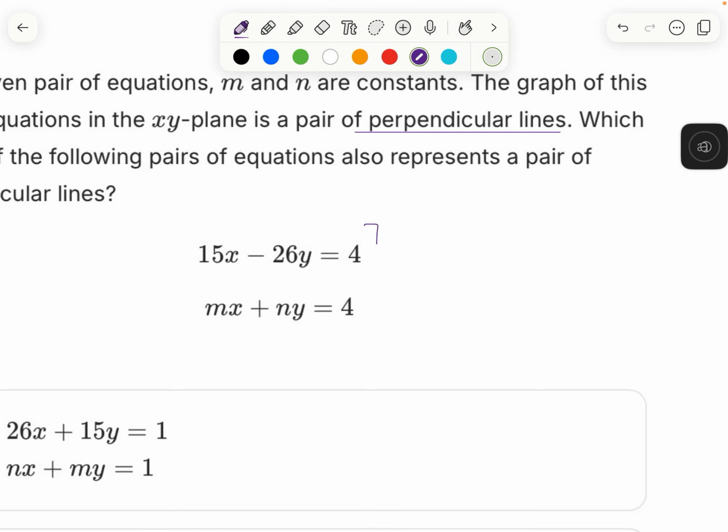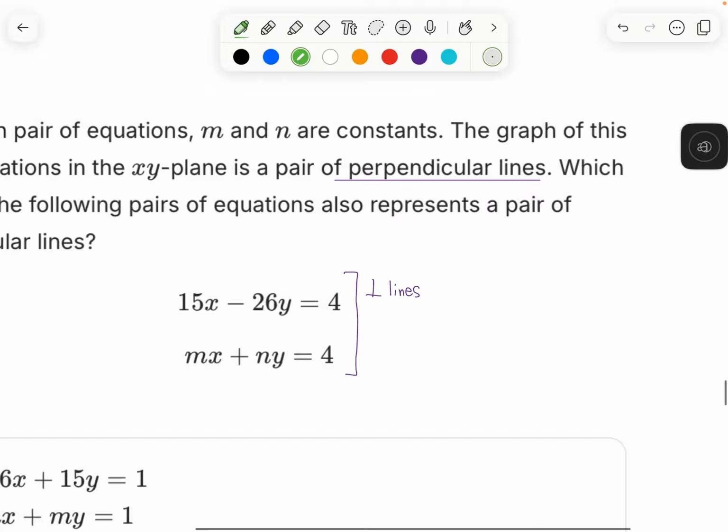Just to highlight that, I'm going to use that perpendicular symbol. Anytime you have linear equations, if the system has perpendicular lines, it means that the slopes have to be opposite and reciprocals.